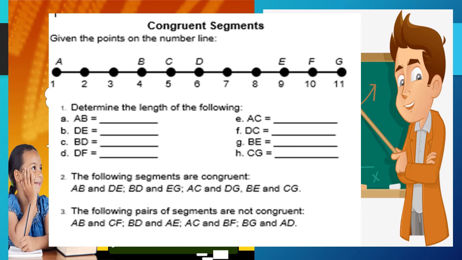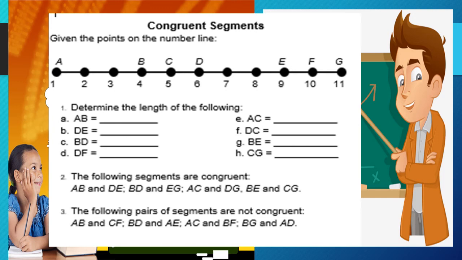AC, that is 5. DC, that is 1. BE, that is 5. CG, that is 6.